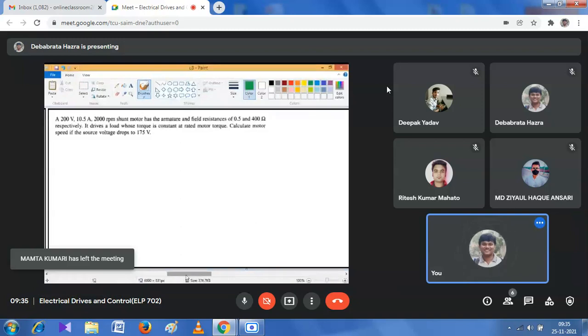Calculate the motor speed if the source voltage drops to 175.